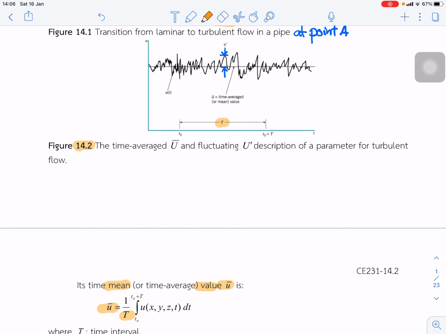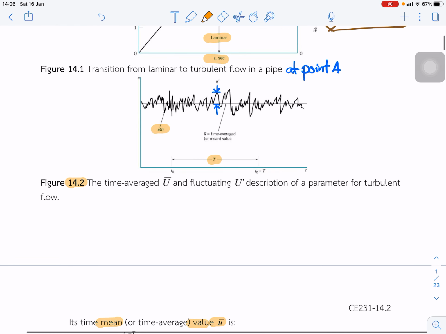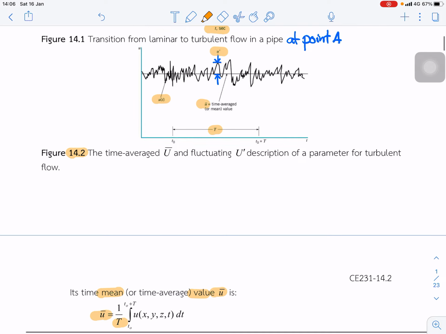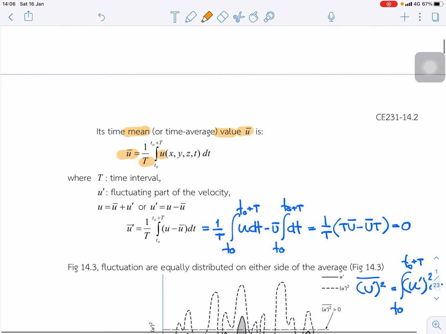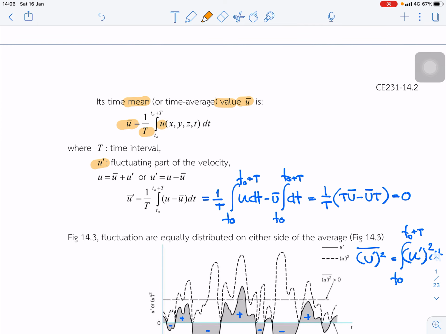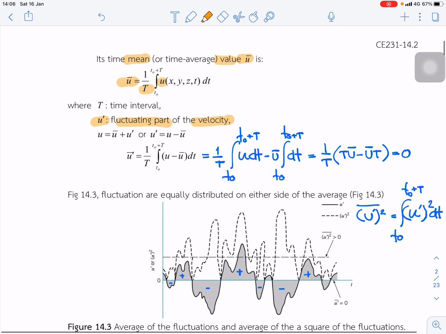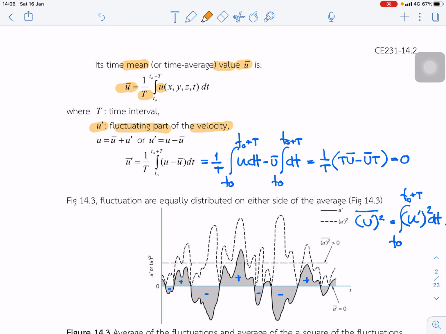Here u is a function of t, u bar is the time average or mean value, and u prime is the fluctuation part of the velocity. So u at any time is equal to u bar, the mean, plus the fluctuation u prime.